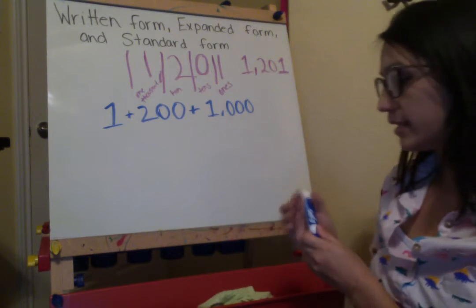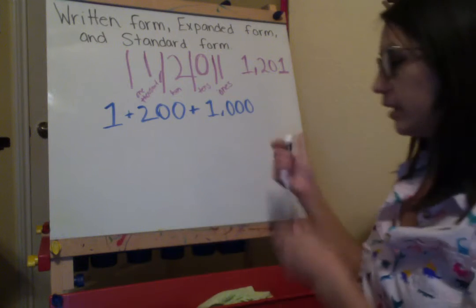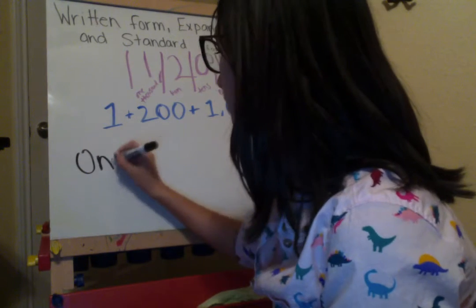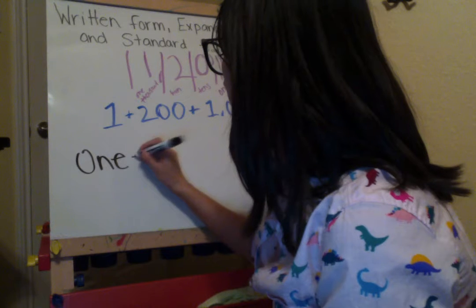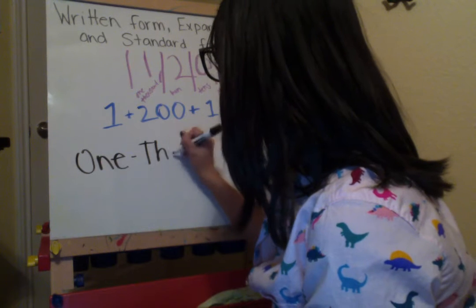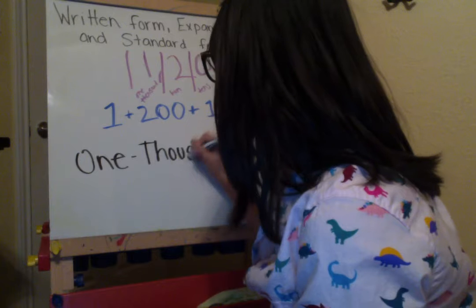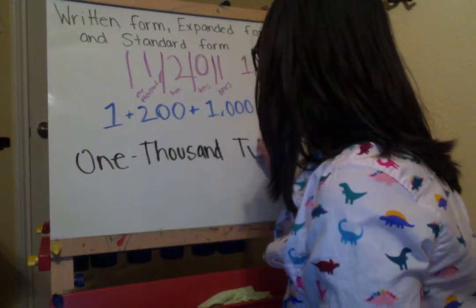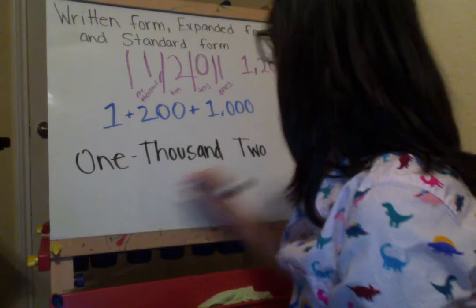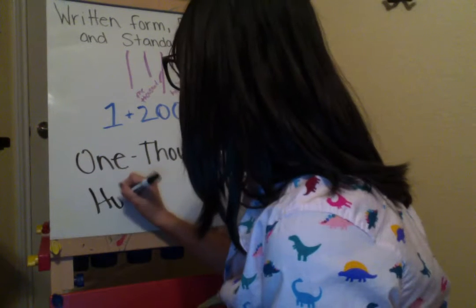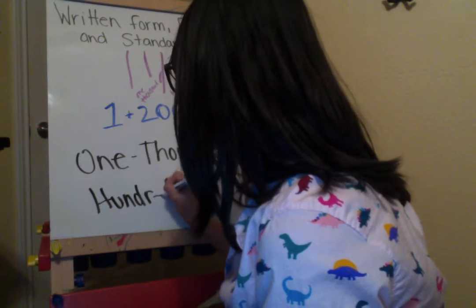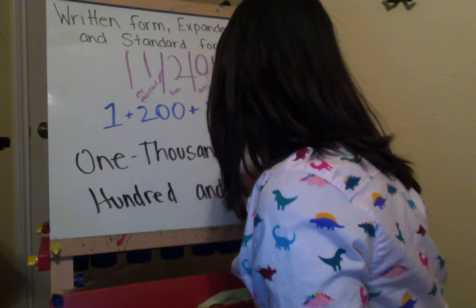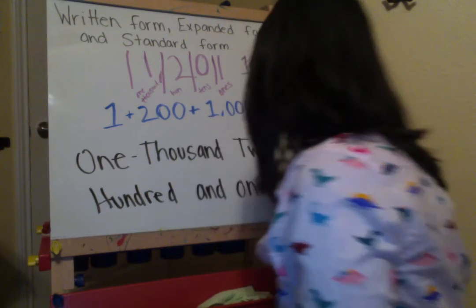And when we write this out, the way it would look in written form is 1,000, 200 and 1.